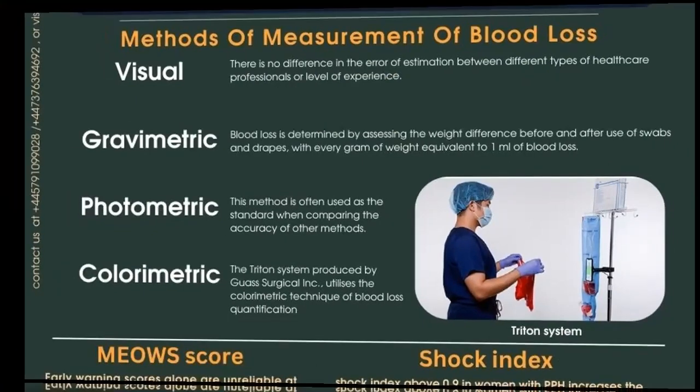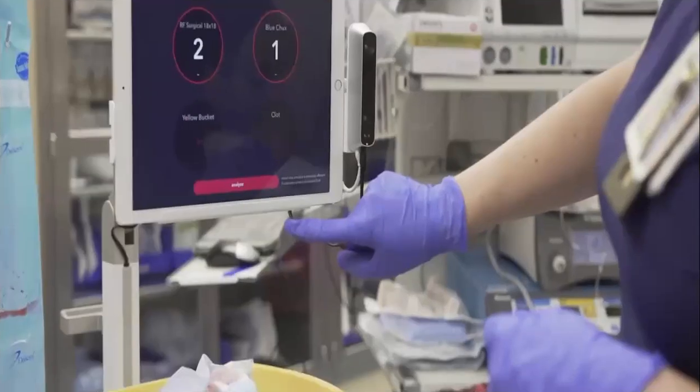This app is going to depend on the amount of hemoglobin inside the gauze you are going to hold in front of it, or the calibrated container that contains the blood.